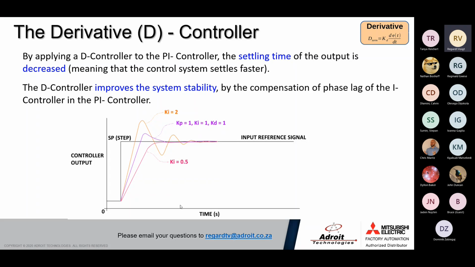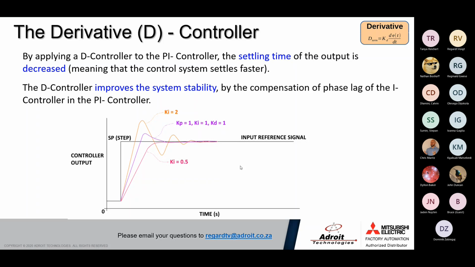The point I'm trying to make is that the higher your D controller, the more aggressively you can increase your I and P gains, and therefore you can have a system that settles faster. By settling, I mean with a zero error, like here we've got the near zero error with the set point in relation to the process variable.